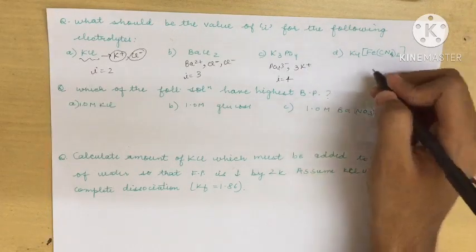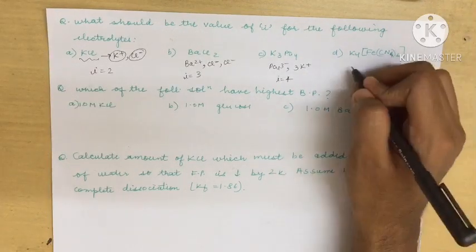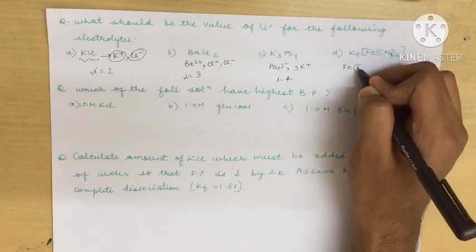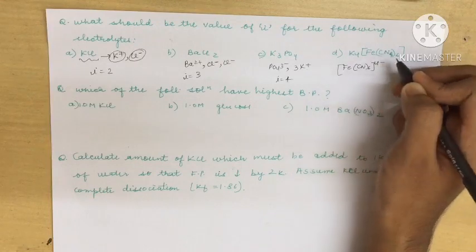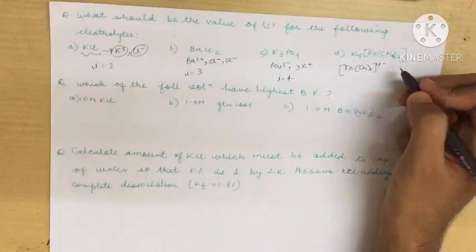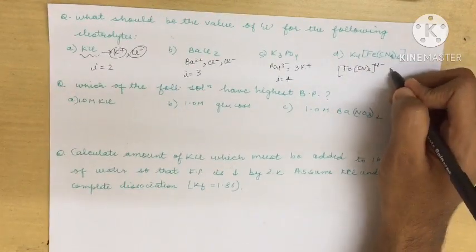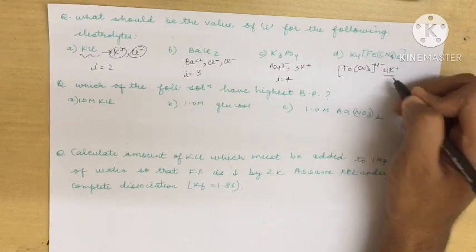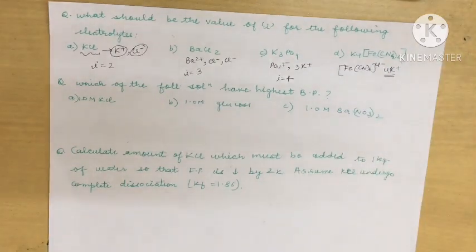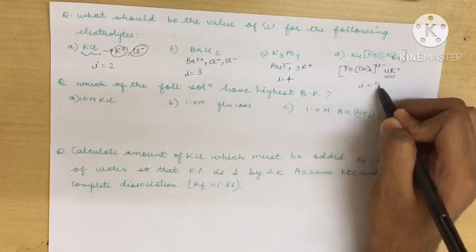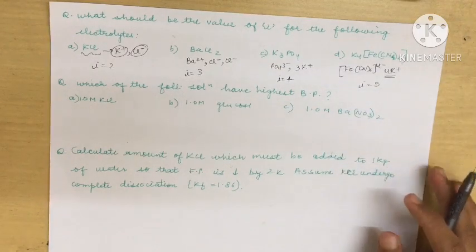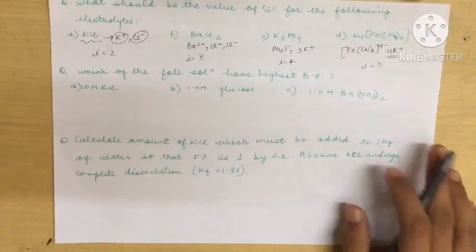In this condition, it will be dissociating in this way: one ion will be Fe(CN)6 4-, this is potassium ferrocyanide, and along with that we'll be having 4 K+ ions. So total how many ions? 4 plus 1, 5.